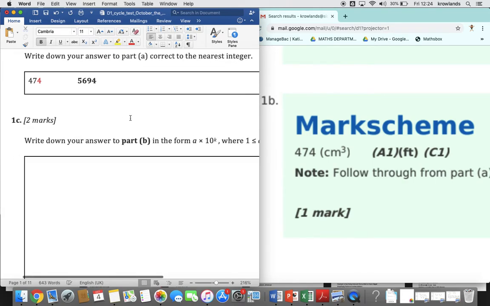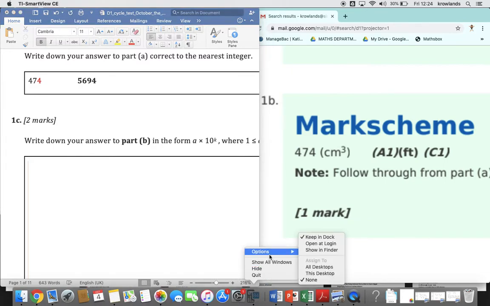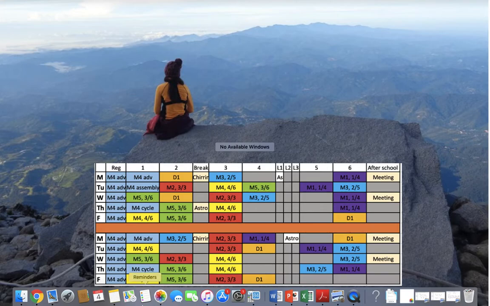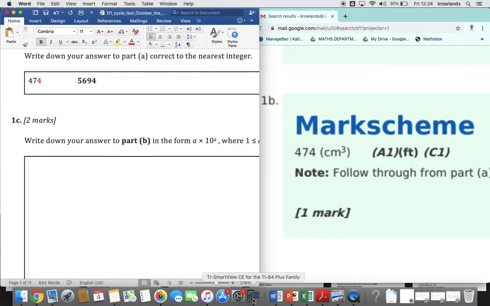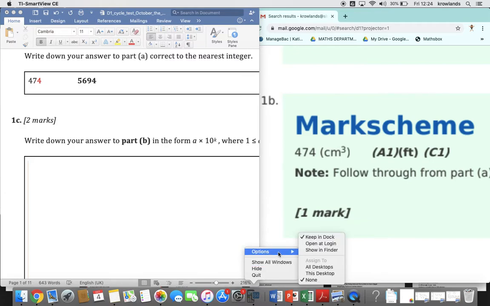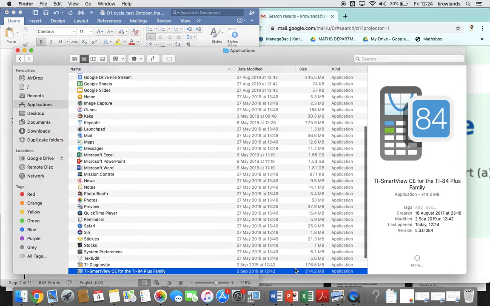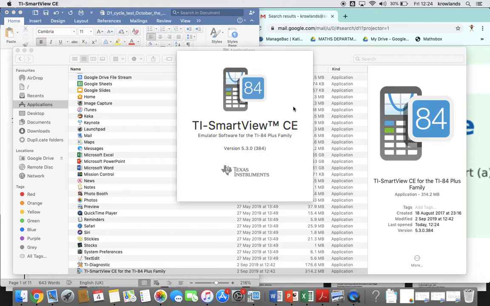Most of you understood how to do this, and you can do this quite easily on the calculator. So if I get the calculator up, and I'm going to try and open it now, and unfortunately it hasn't worked. So let's open the calculator.